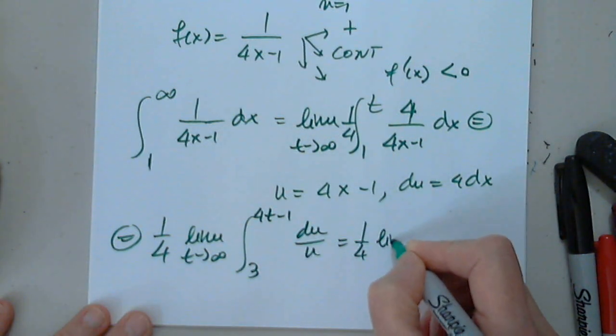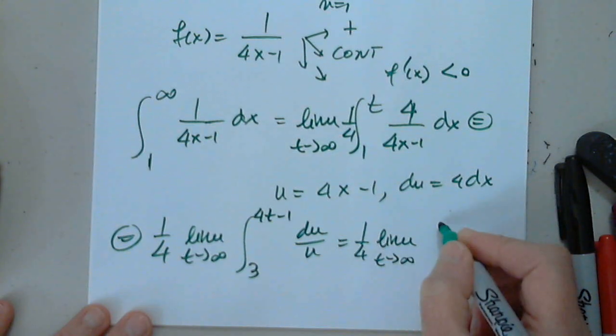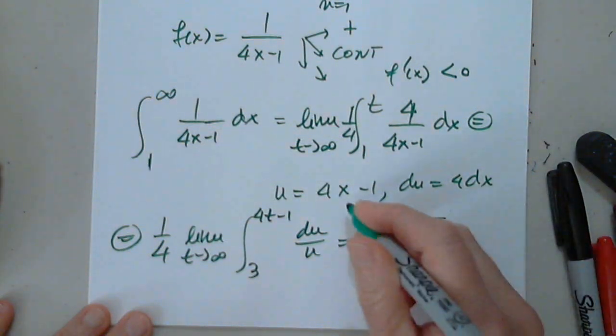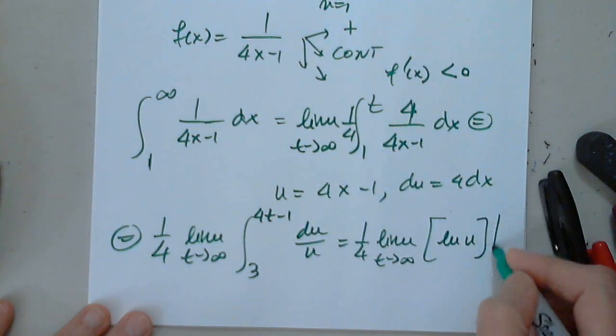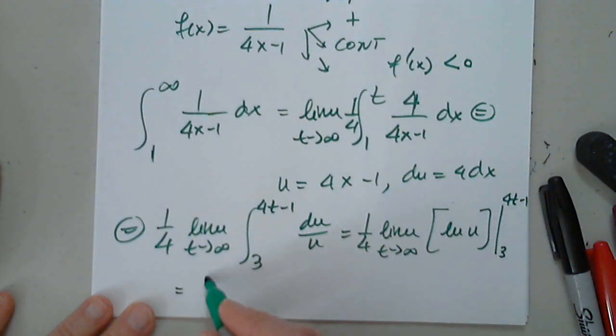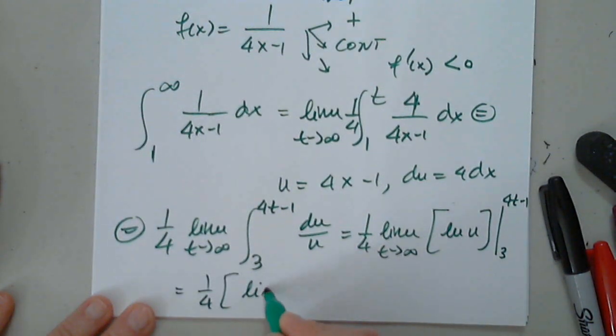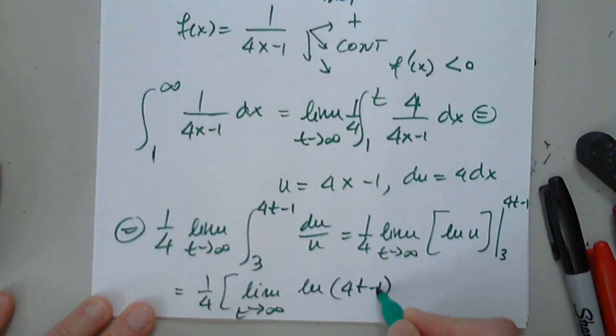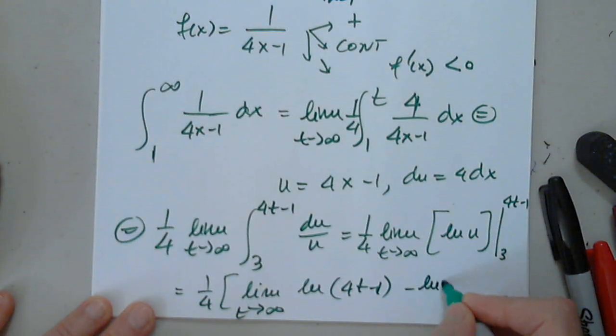So 1/4 limit as t approaches infinity of natural log u. Again, there is no need for the absolute value. This is always positive. From 3 to 4t minus 1. So 1/4 limit as t approaches infinity of natural log of 4t minus 1 minus natural log 3.